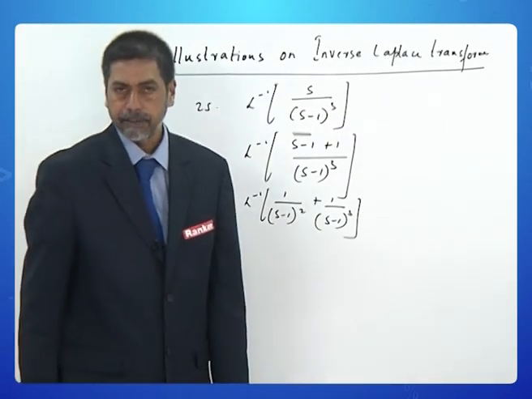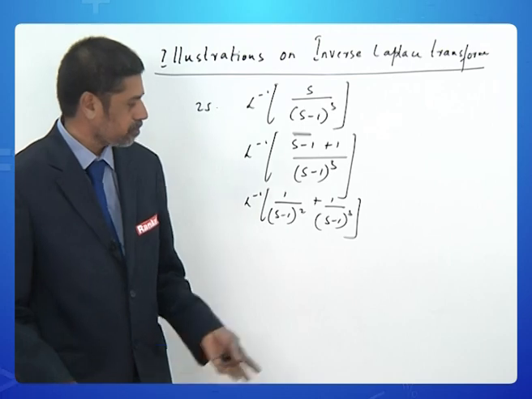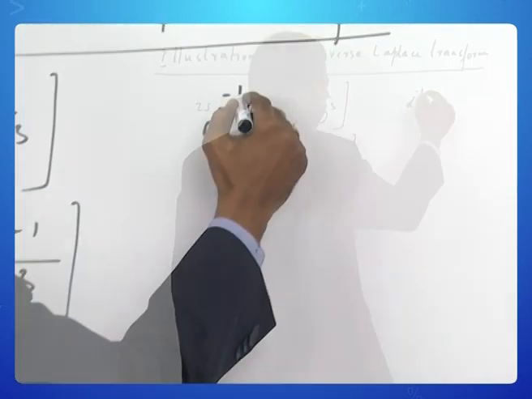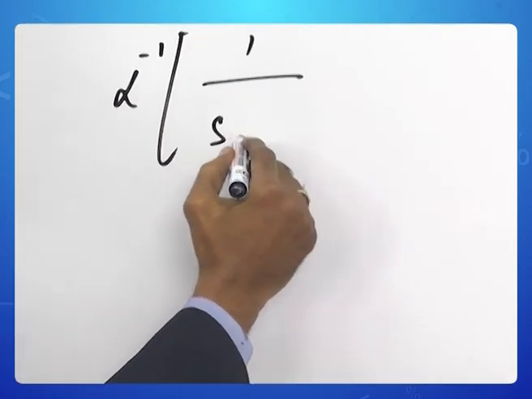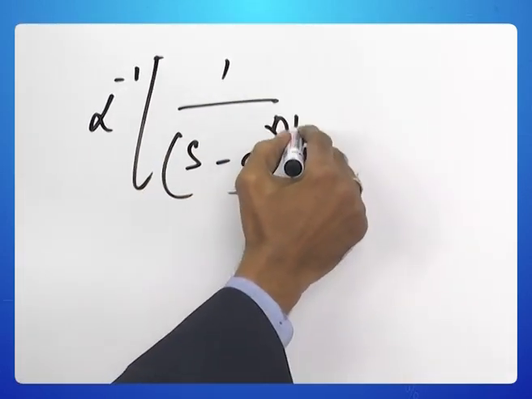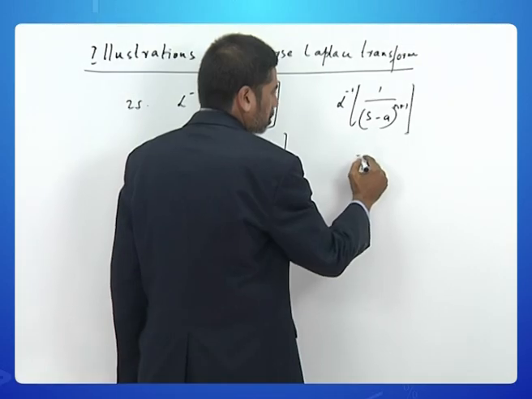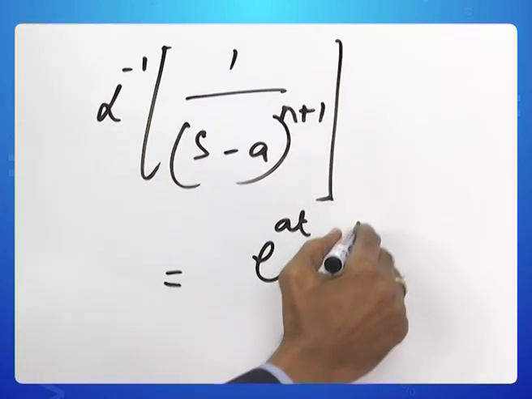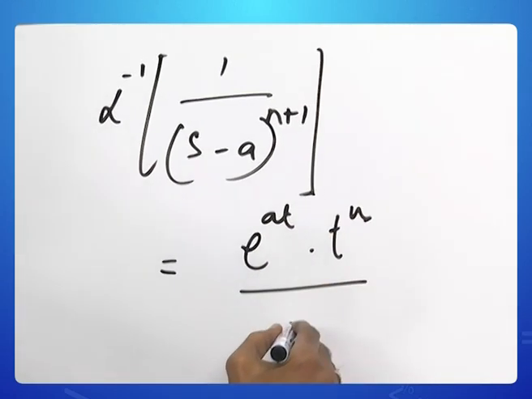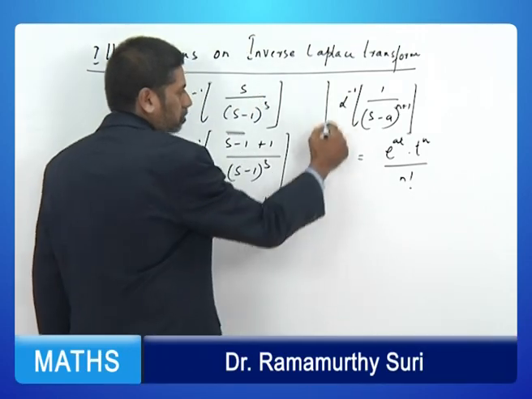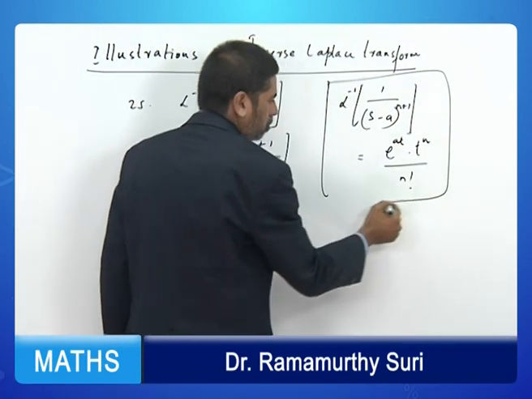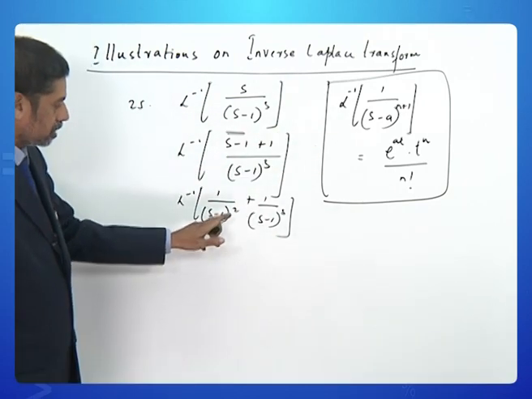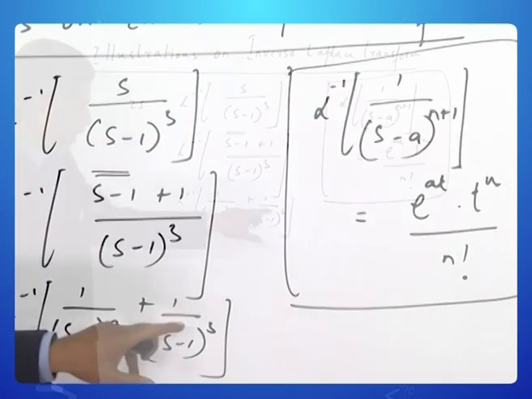right? Now you must remember your principles, but I will write a formula for you. It says inverse transform of 1 by s minus a to the power of n plus 1 is equal to e power at into t to the power of n by n factorial. Of course, you must apply this 2 times because n plus 1 is 2 here, n plus 1 is 3 here.